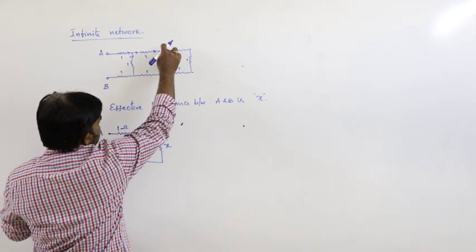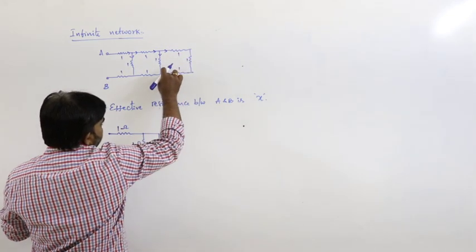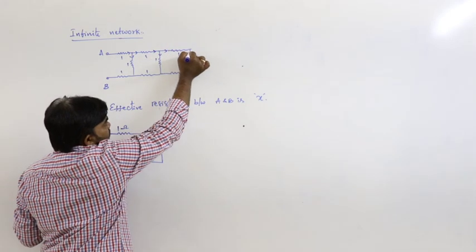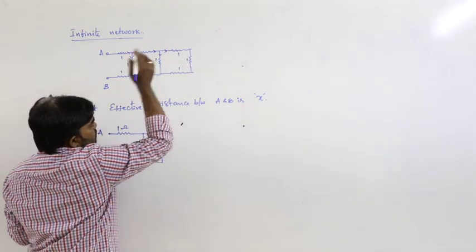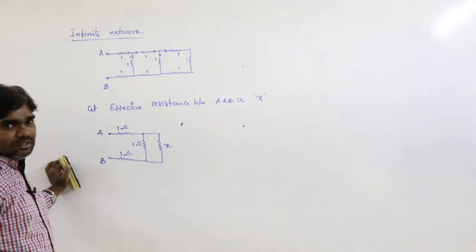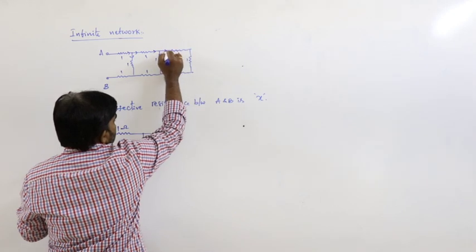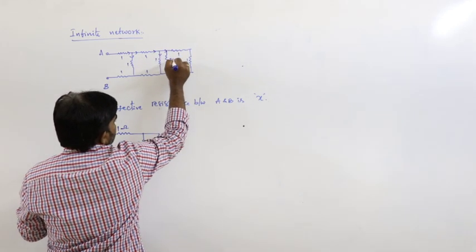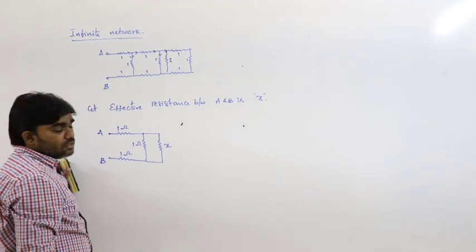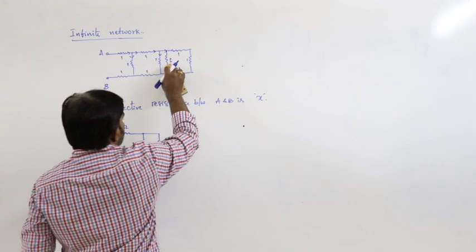So the same amount of current passes through these branches. So 1, 1, 1 are in series, that is 3. This total resistance is 3. Again 3 and 1 are in parallel, that is 3 by 4. Again like that. Later we can do this.